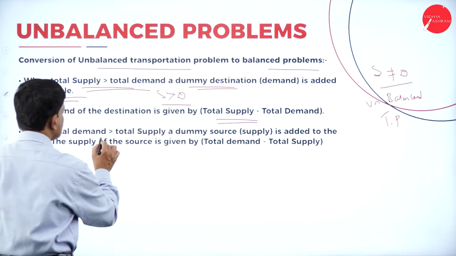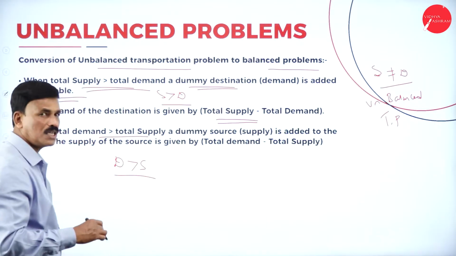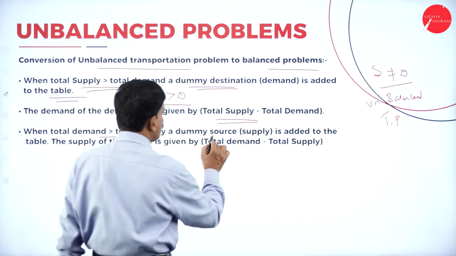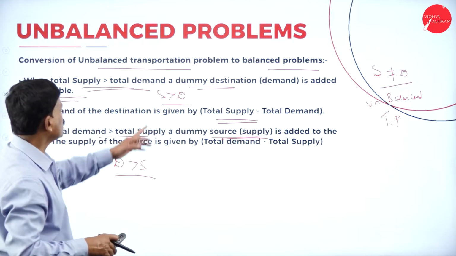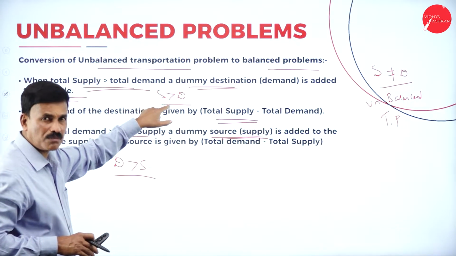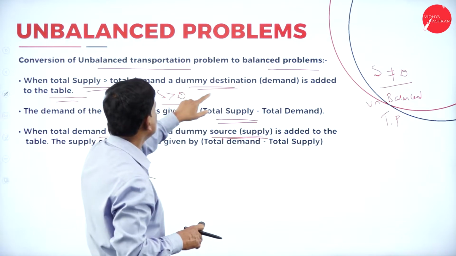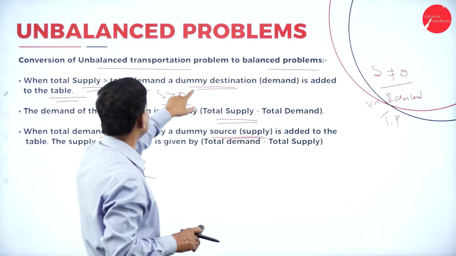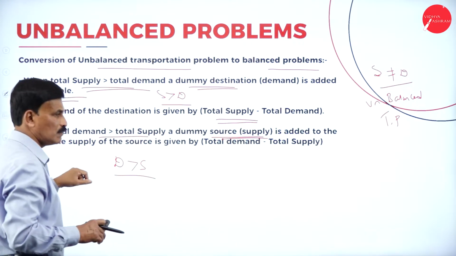When the demand is greater than the supply, if the total demand is greater than the total supply, a dummy source, that is supply, is added. If the supply is greater than the total demand, a dummy destination, that is the demand, is added to the table.